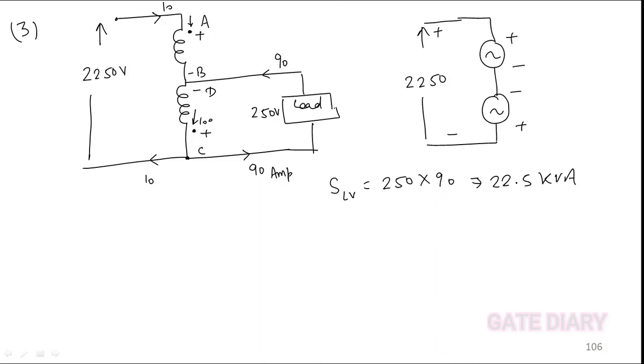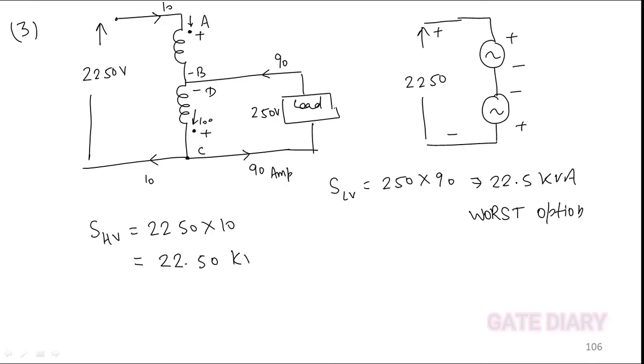You are getting very little capacity, so this is the worst option of connection. You can find it at the high voltage side also: 2250 into 10, so you will get 22.50 kVA.